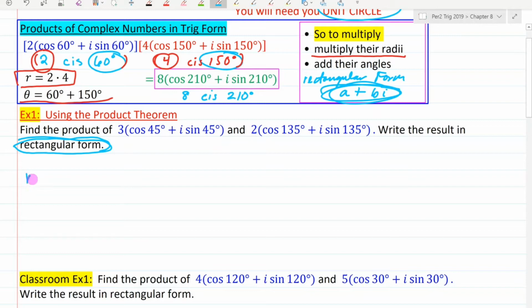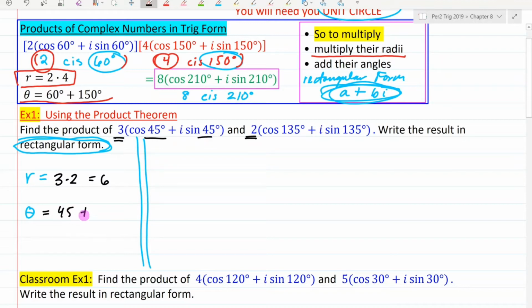For all of these, you're going to need r and you're going to need theta. I like to have a separation between finding r and theta and then doing the actual work later. So we have the two radii, root 3 and 2, so the radius we'll be using is 6. And the angles are 45 and 135.